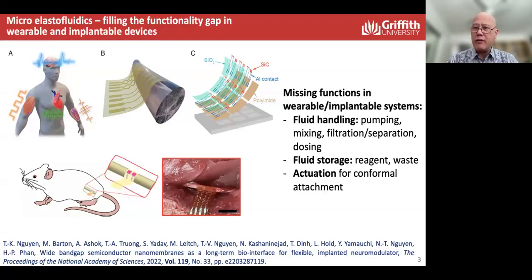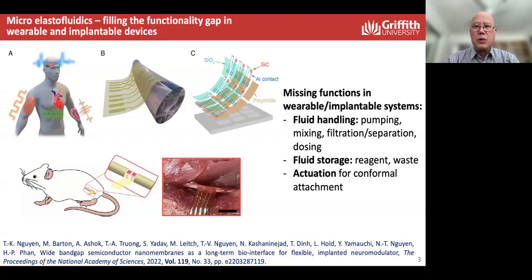So most devices are made of electrodes. You can collect signals, you can send in electrical signals to nerves, but the development of fluid handling capabilities is still limited. So we still need to have a lot of things like mixing, filtration, separation, dosing, storage, and actuation with conformal attachment, because biological systems are soft and have different shapes than solid systems on the bench.